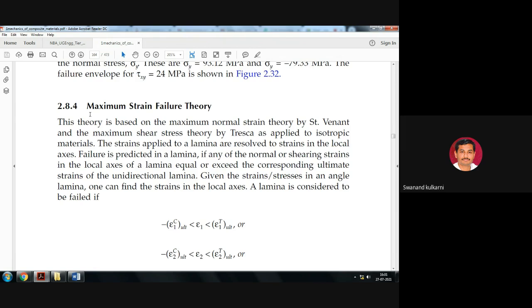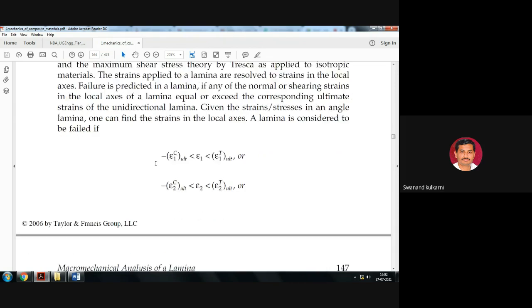However, the lower limit and upper limit are different. Once again we are taking the same set of equations, but rather than using stress as a criterion, we are using strain. Is it okay? So it may be compressive or tensile. The nature may be tensile or compressive, but the set of equations is the same.